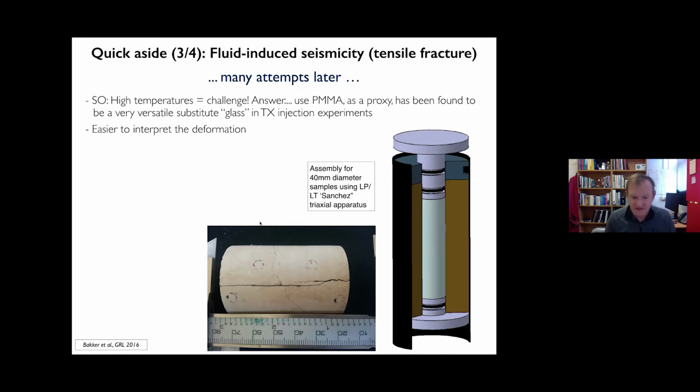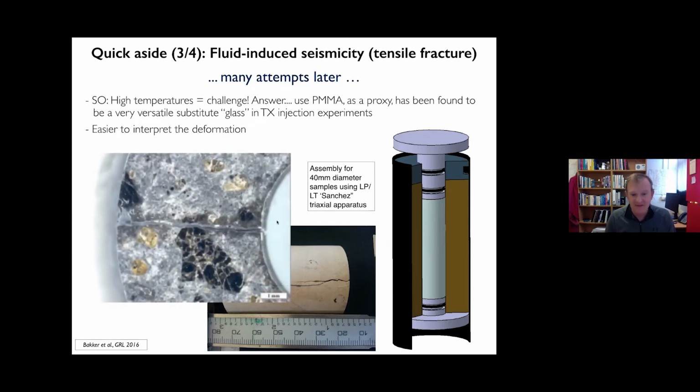So this was published 2016 or so, and now we can see quite clearly, once quenched, the plexiglass core, when it's pressurized, fractures an outer shell, and then solidified into a proxy for some sort of dike injection. So this works much better.